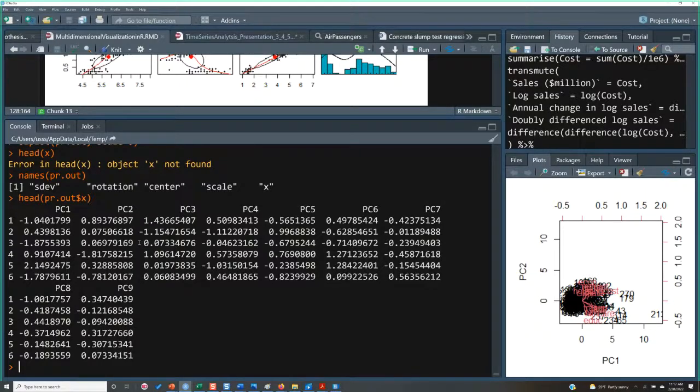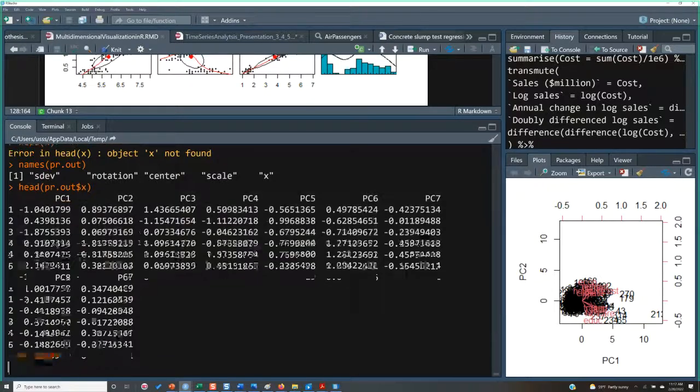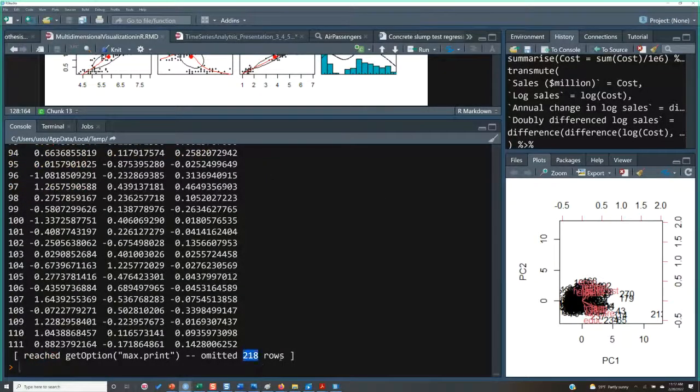X values are, if I put PR.out dollar x, the whole vector will come. You see this one? I can't even give you more than 111 because it maxes out. So x refers to the eigenvector values over the whole list of places. Rotation, PR out.